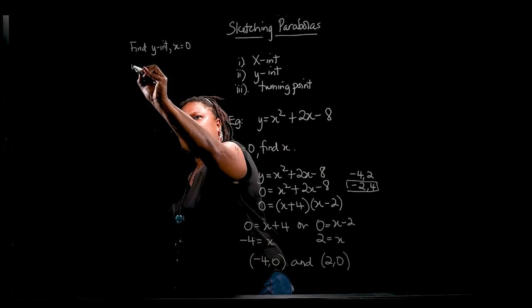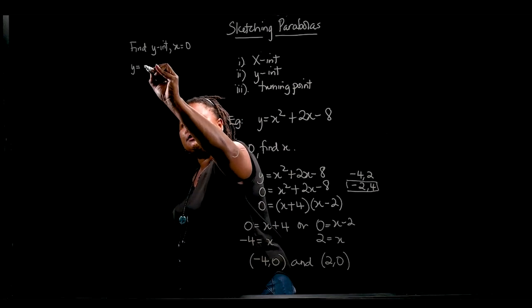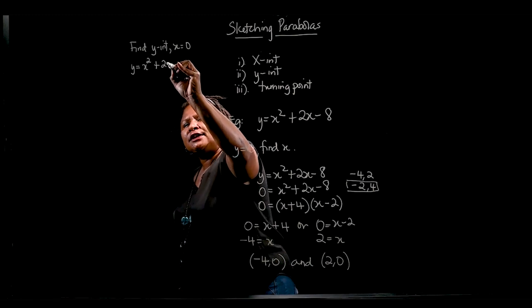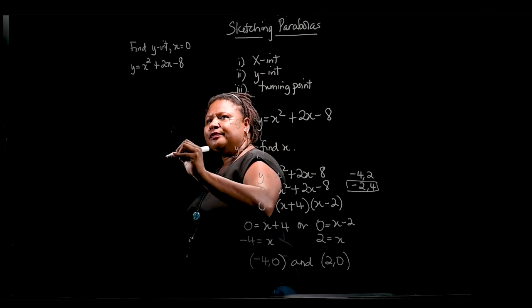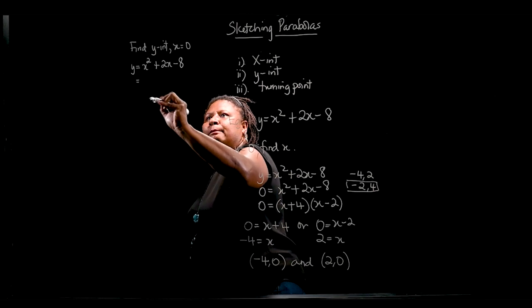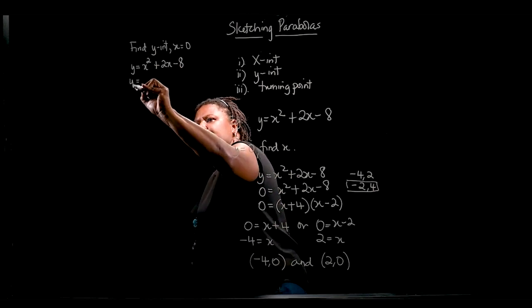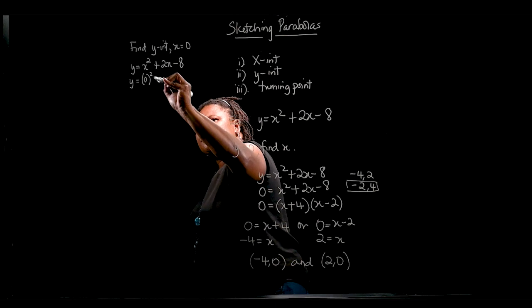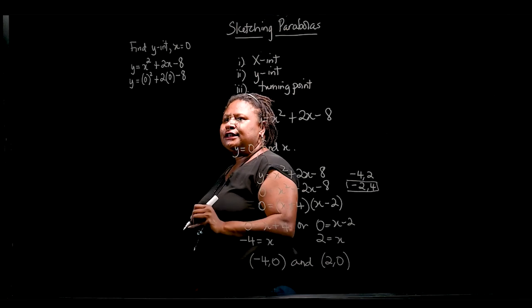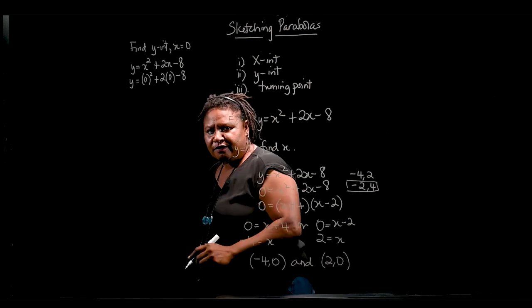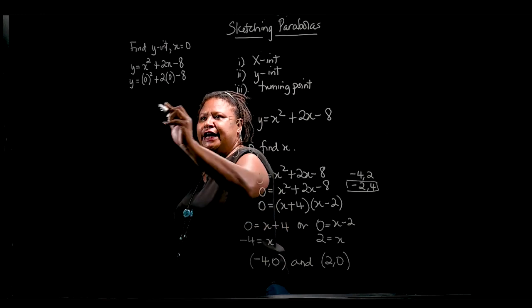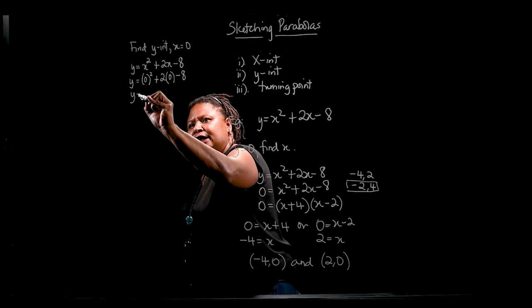Again, we are using the equation y equals x squared plus 2x minus 8, with x equal to 0. So y is equal to 0 squared plus 2 times 0 minus 8. 0 squared gives us 0, and 2 times 0 also gives us 0, so we have negative 8 remaining.